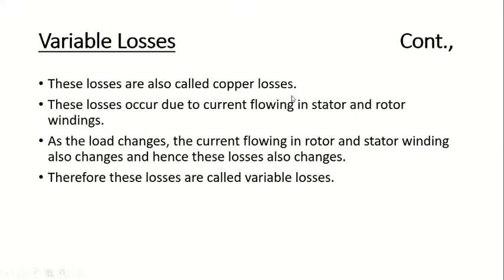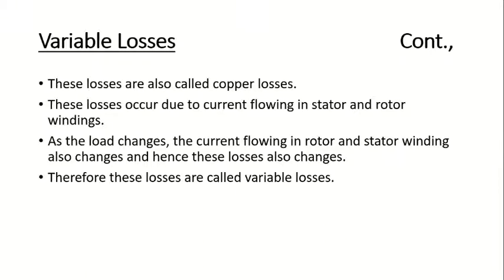Ohmic losses we already discussed in DC machines. Like copper losses also, the same thing is repeating here. As the load changes, the current flowing in the rotor and stator winding changes. As the load is changing, the current flow will also change. Hence, the losses also change. Therefore, these losses are called variable losses.